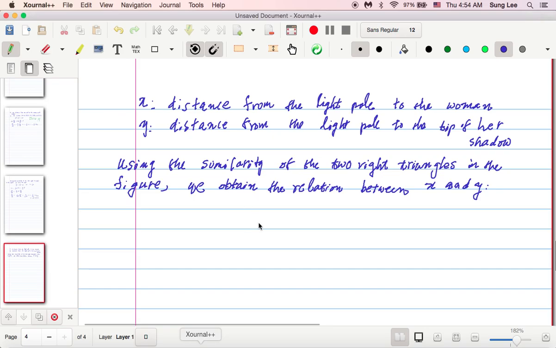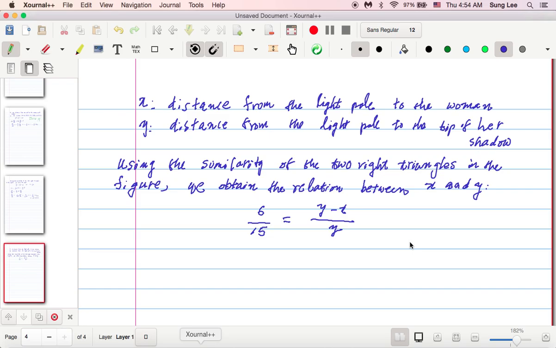So that's 6/15 equals (y minus x) over y. This ratio holds because those two right triangles are similar.